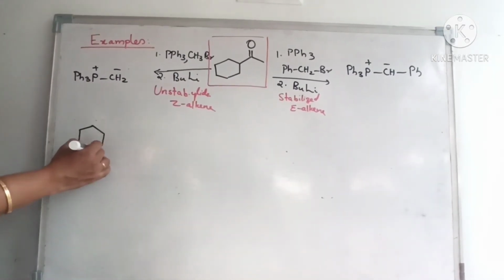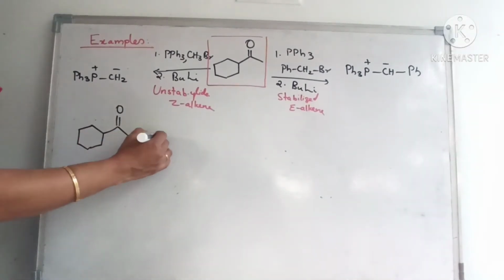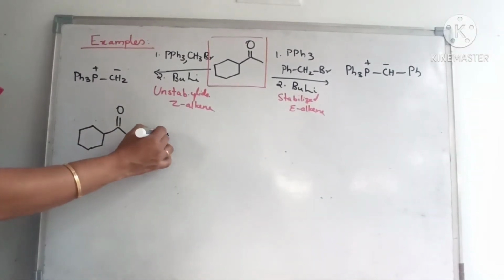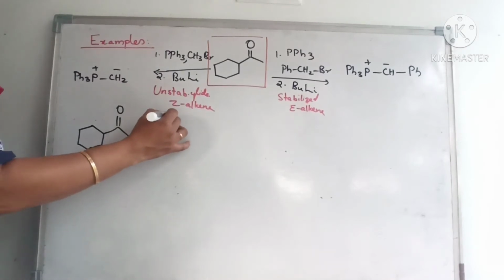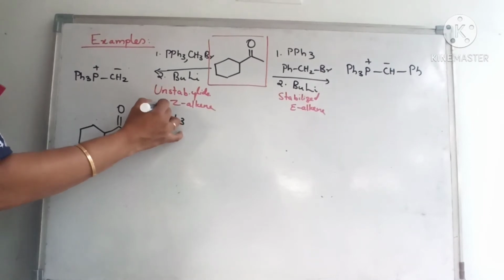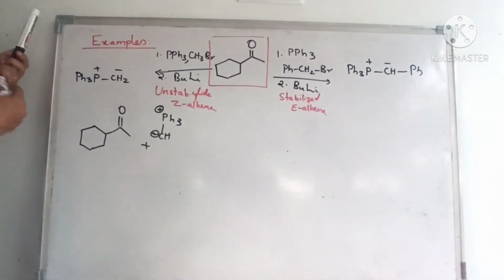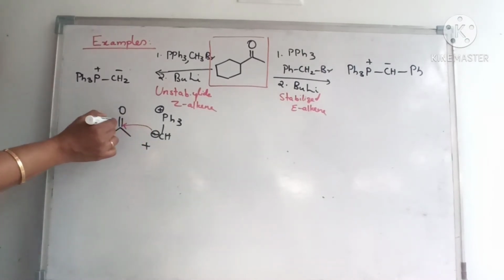So this is the ketone that we are taking, and here CH2 minus PPh3 plus. Okay, now what will happen? The negative charge will be attacking over here.